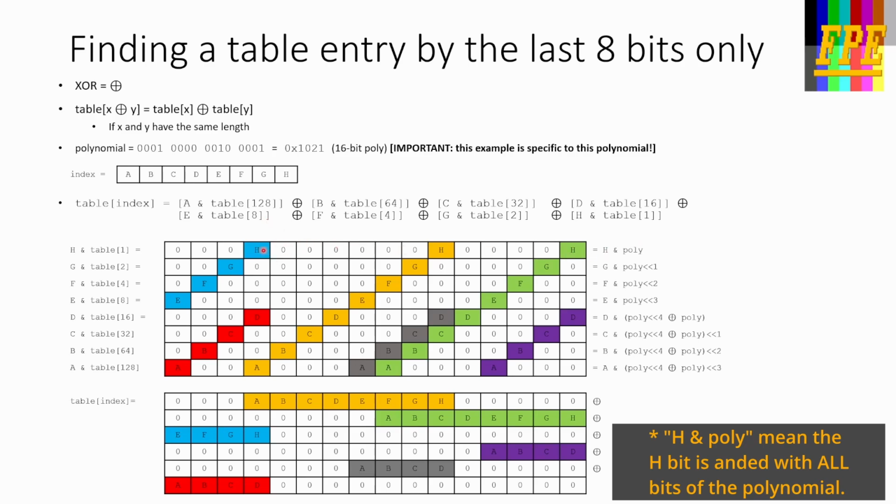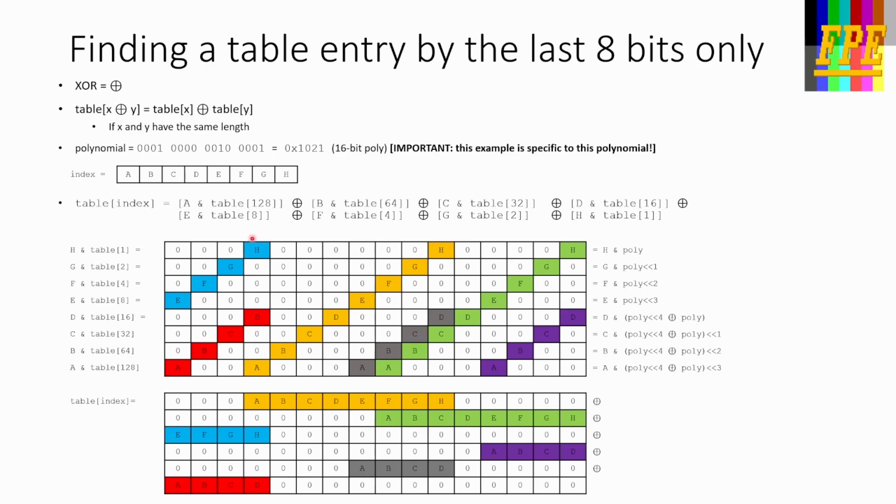As mentioned before, the particular bits that are getting set for the polynomial are this entry right here, this entry right here, and this one right here. So that lines up with the polynomial bits. And those are the only bits that can be 1 if H is 1. If H is 0, then this entire thing is 0 and it's not doing anything. Same for the entry for the G bit, the F, E, D, C, B, A.